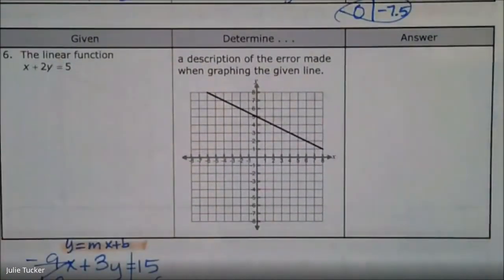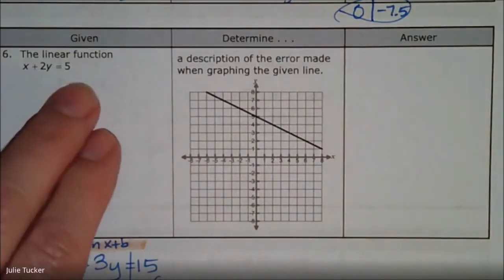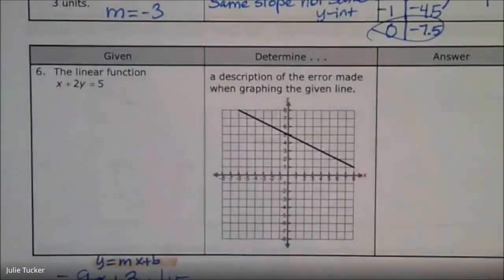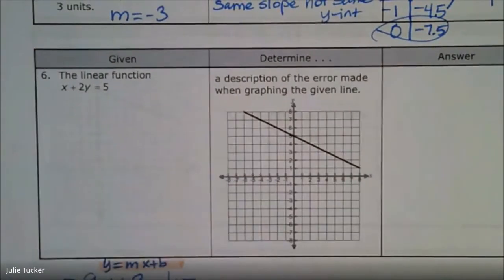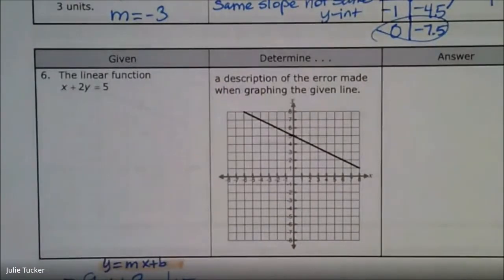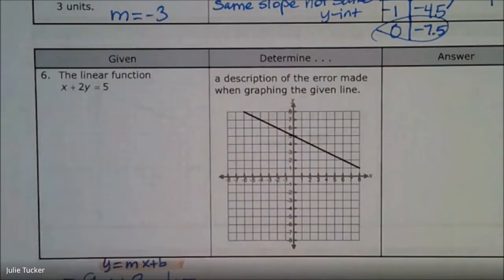All right, here's a different kind of question. If you know that this is the equation of your line, x plus 2y equals 5, then look at this graph and what do you think is wrong with this graph if that is supposed to be the equation for it? So the first thing is, this is not in y equals mx plus b. It's not in slope-intercept. So let's make it slope-intercept first. We have to get y by itself, the same thing we did a moment ago.